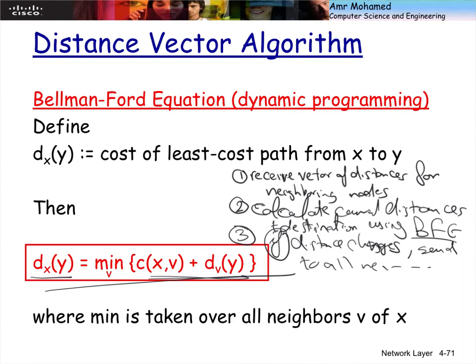I don't know whether there is one node in the middle that has differences in the distance, so the network did not reach the steady state yet. Okay? Because each node maintains a partial view or local view, I don't know whether I reached the steady state or not. Therefore, I have to keep doing that all the time. Okay?